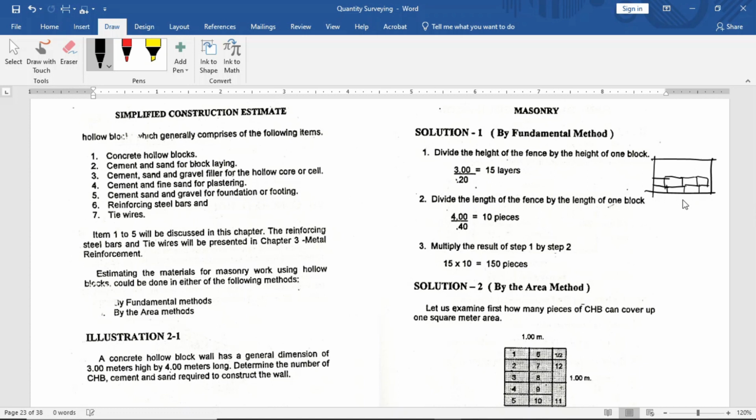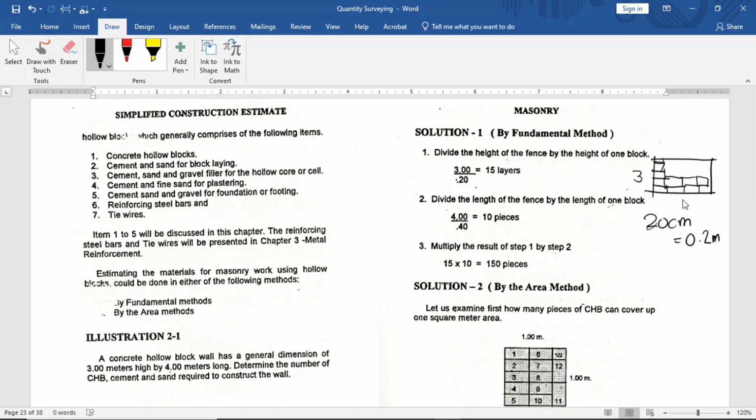Ito yung 3 meters natin. Ang typical na height ng hollow blocks is 20 centimeters, equal to 0.2 meters. So, 3 meters divided by 0.2 is equal to 15 layers of CHB. So, 15 patong-patong na CHB yung sa 3 meters. Yan yung para lang sa height.